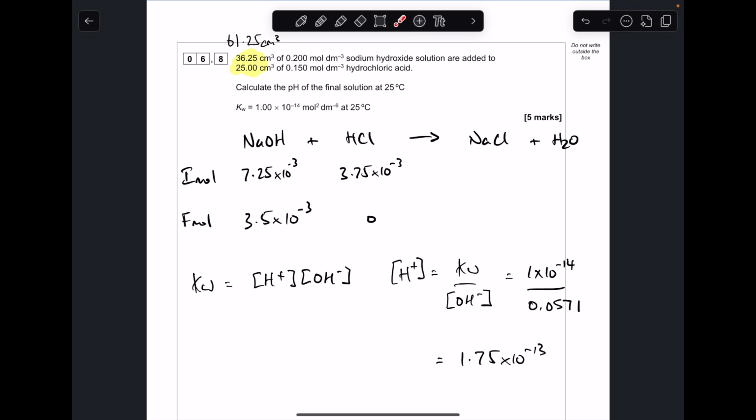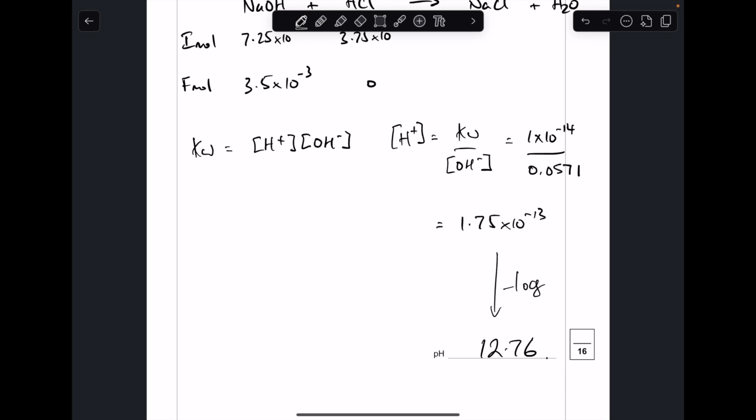So the OH- concentration comes out as that. So Kw at 25 degrees C divided by the OH- concentration gives us that. For the H+ concentration, obviously that's moles per decimeters cubed, so we just need to minus log that to get the pH, which comes out at 12.76. So very well done if you got that right.